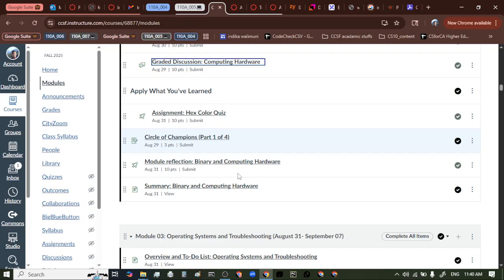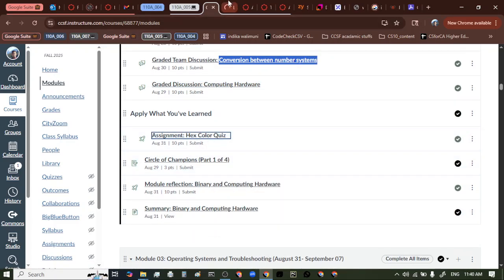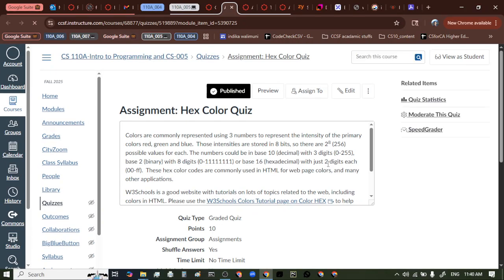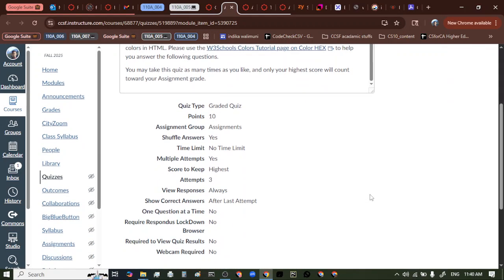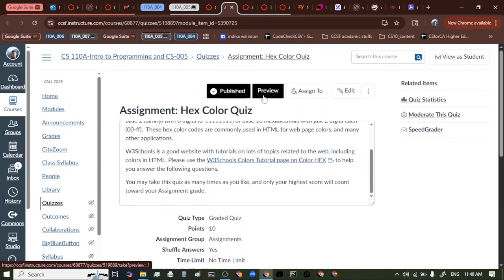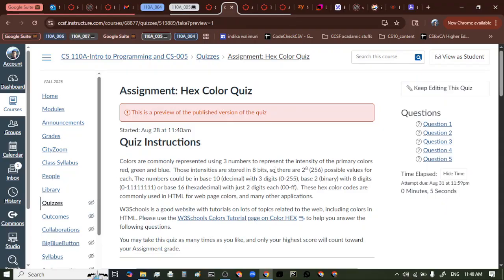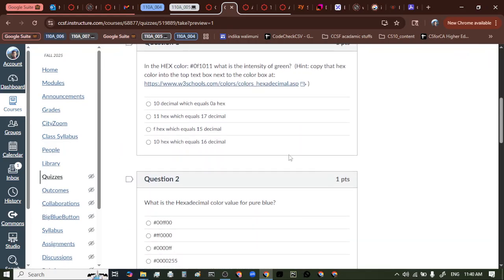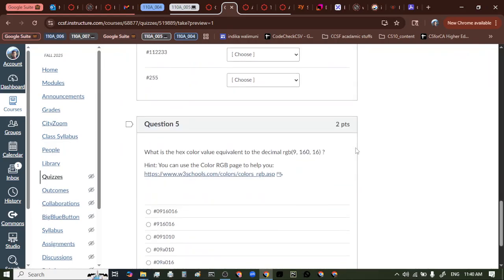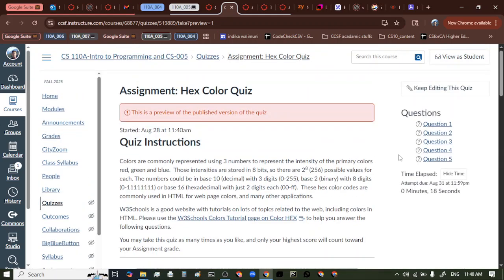For the assignment, it's actually a quiz, but it has 10 points. So if you get the preview, you need to use the W3Schools color code and find those answers. All right, so just answer these 5 questions, and that's that.